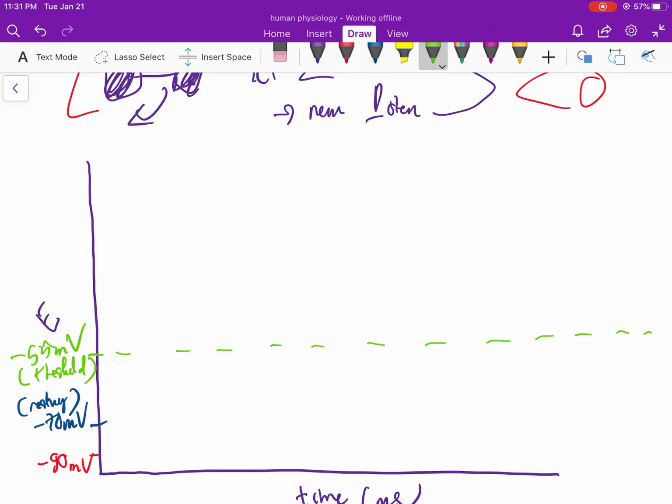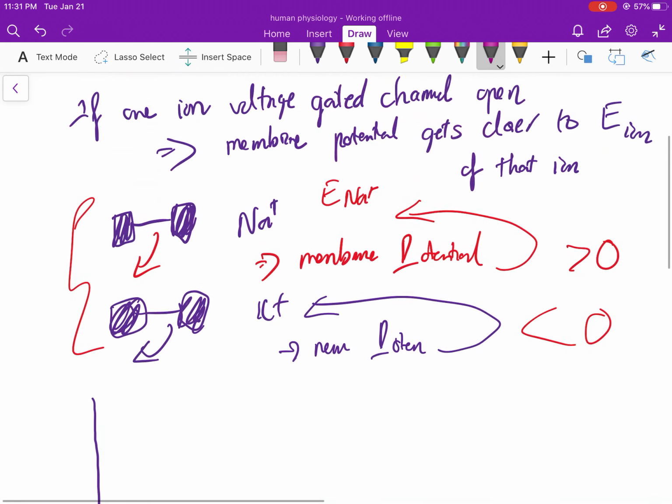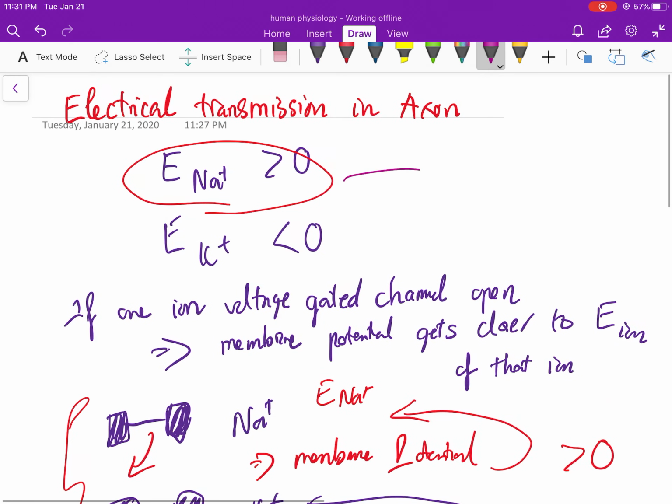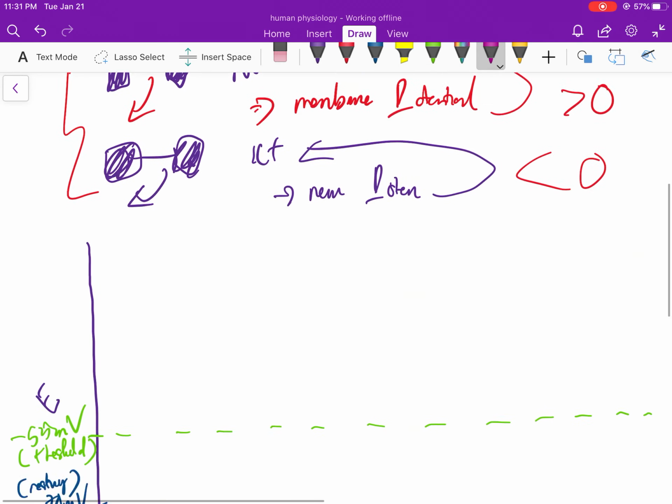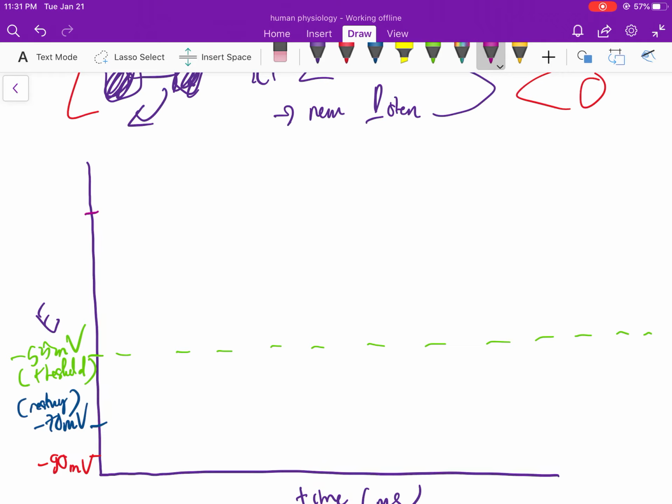And another number we want to know is that our voltage number of sodium is a positive number. So it will be around here, usually positive 60 millivolts, and that is for our sodium.